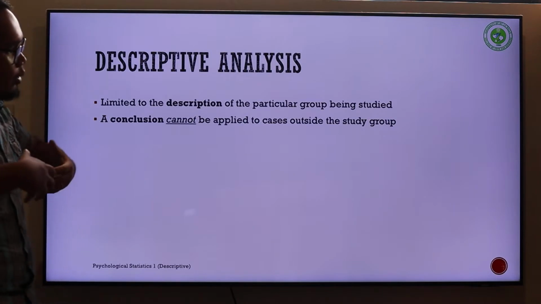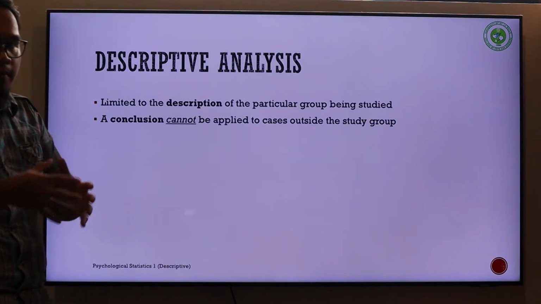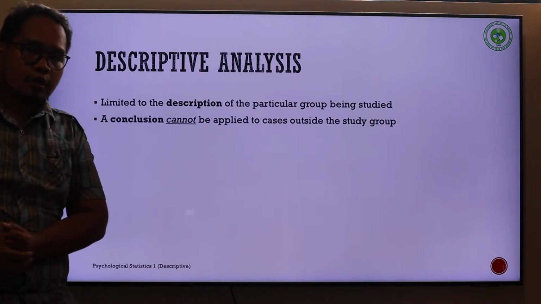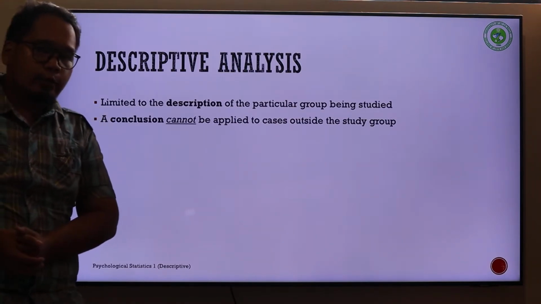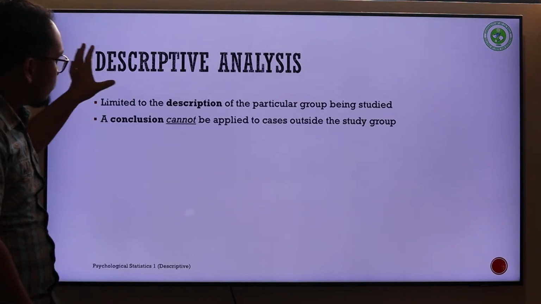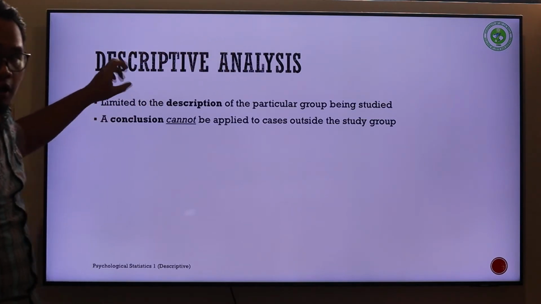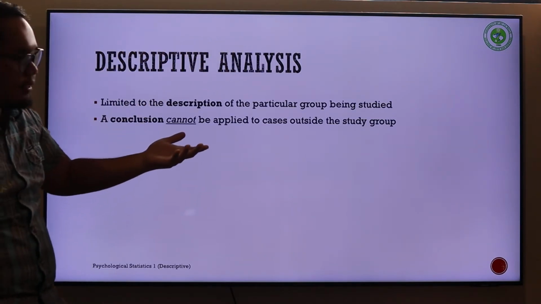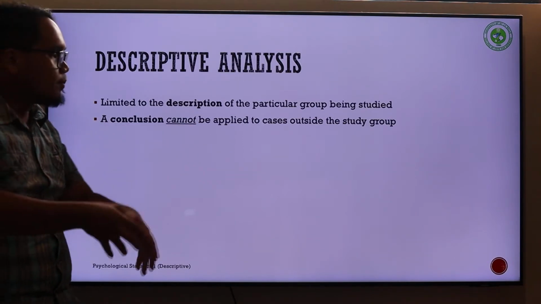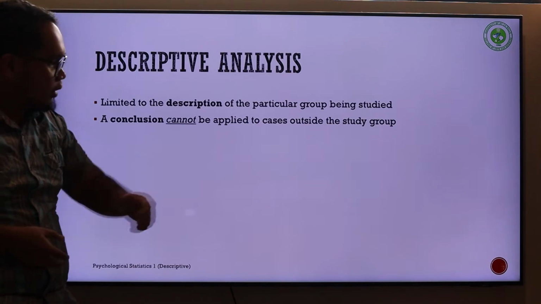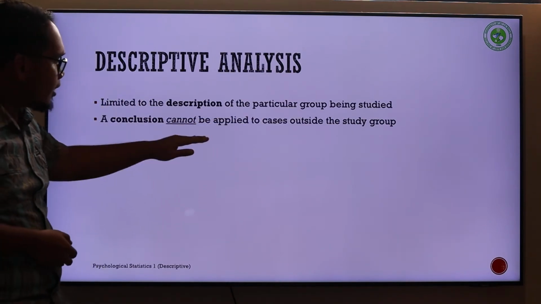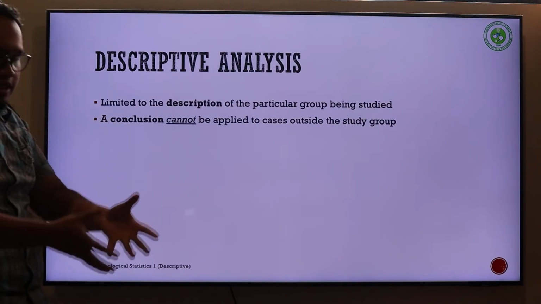So, if ever we will be studying a certain sample from a big population, say for the whole psychology first years in a certain university, we're going to study only a group of them, only a sample. And if ever we're going to make use of descriptive analysis on that data, we can only describe that sample, but we cannot apply the description outside that study group or outside that data set. Okay? A conclusion cannot be applied to cases outside the study group.